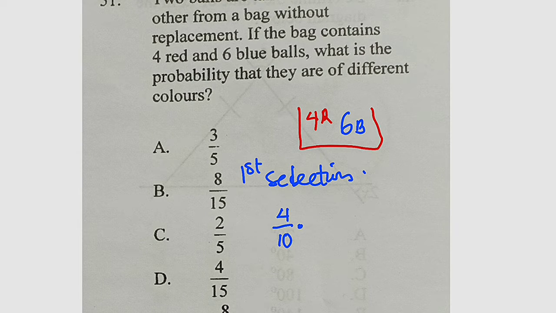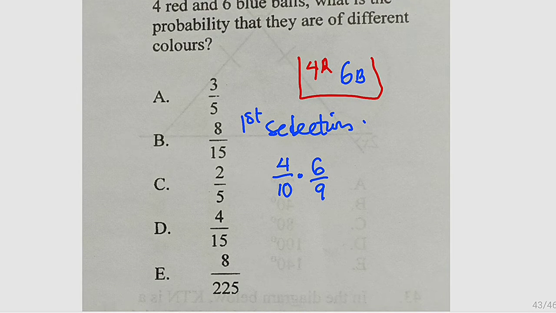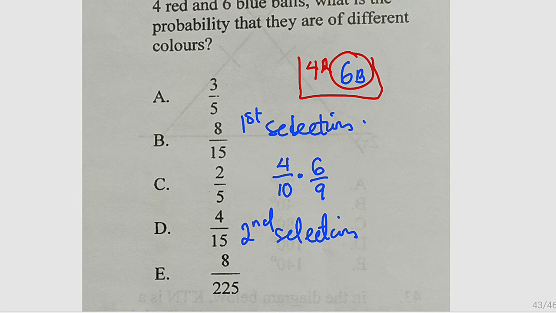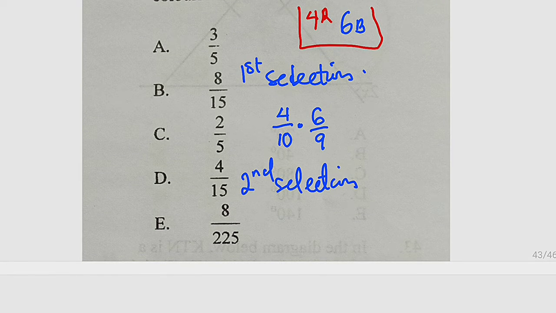But this time around, it is going to be 6 out of 9, because initially they were 10 in number. You have selected 1 ball, meaning we have 9 balls. So we are selecting this out of 9. Then in the second selection, let's assume we started with a blue ball. So it is going to be 6 out of 10.